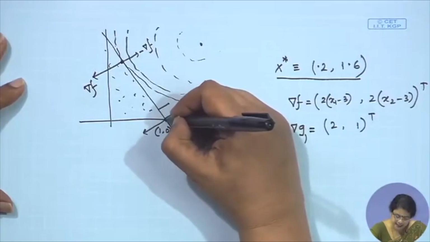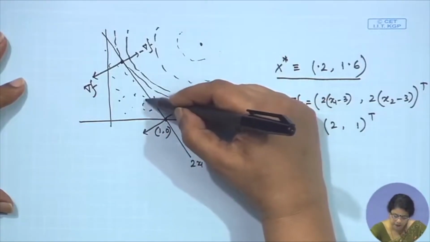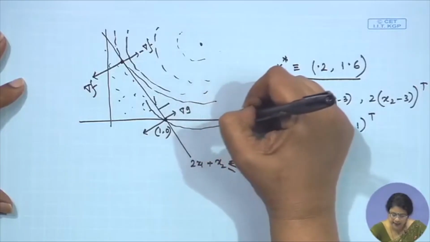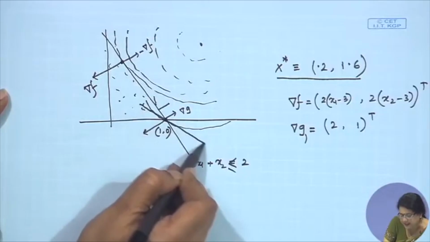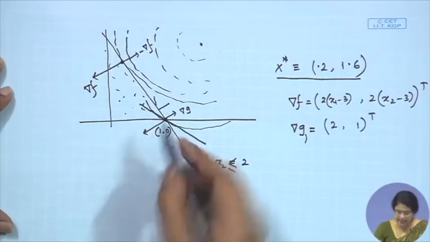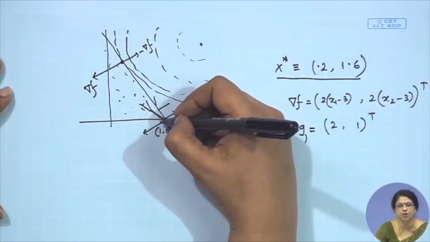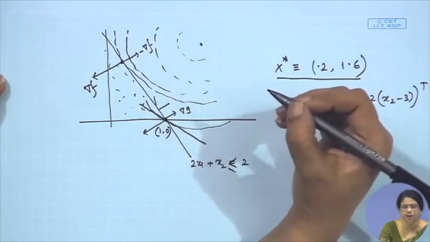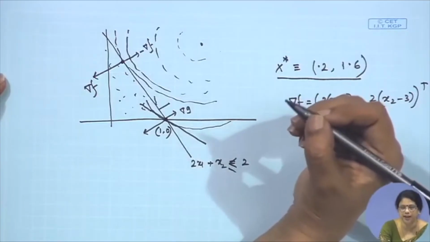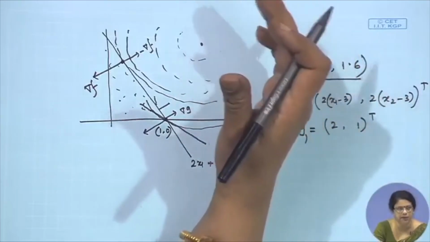And if I consider there is one circle here, then at this point if I just consider the tangent, this tangent will give us the direction of the feasible cone. What is feasible cone? I explained already in the last class with the figure that feasible cone is the combination of the half spaces we are getting through the constraints.